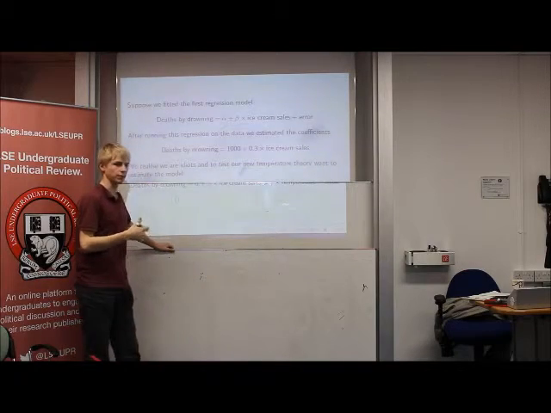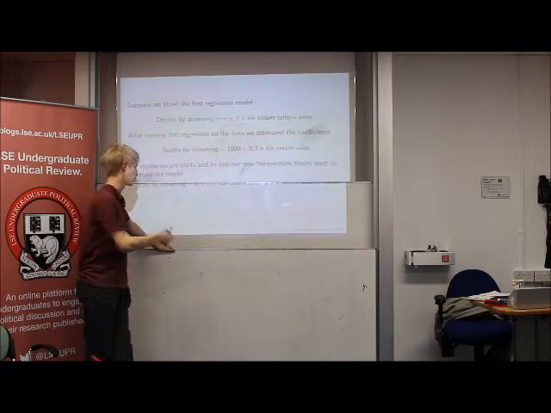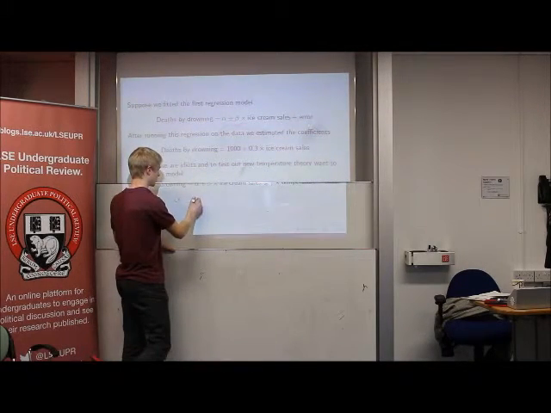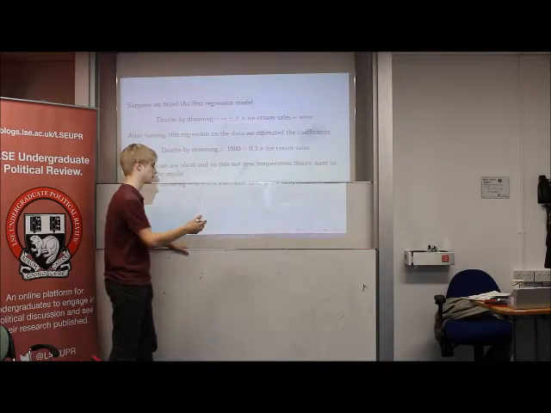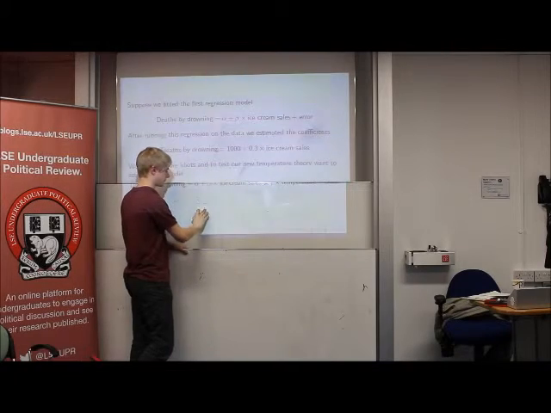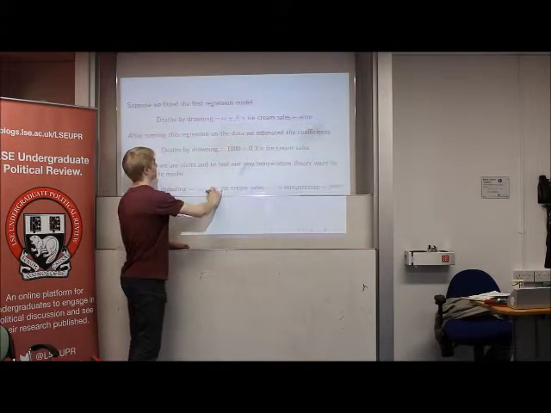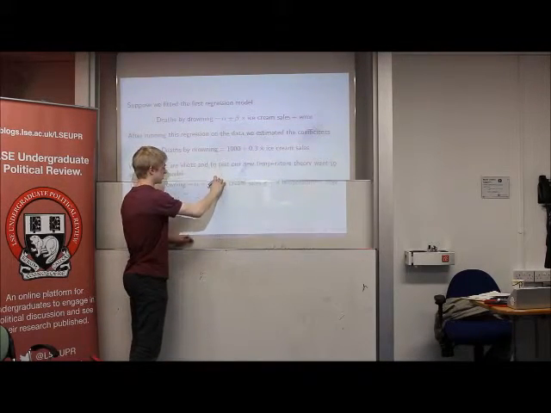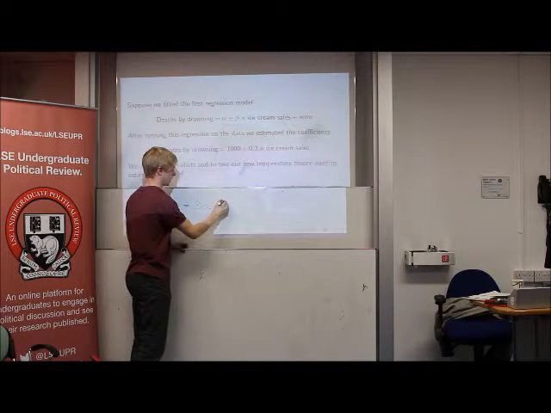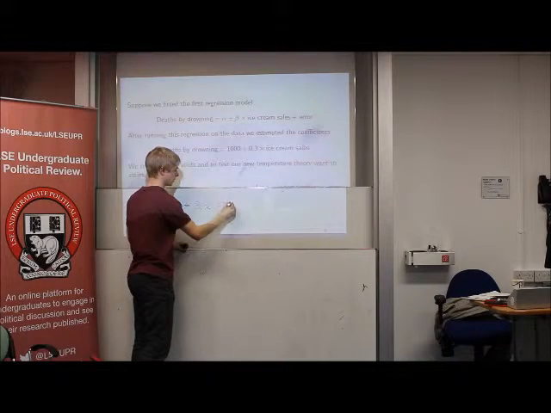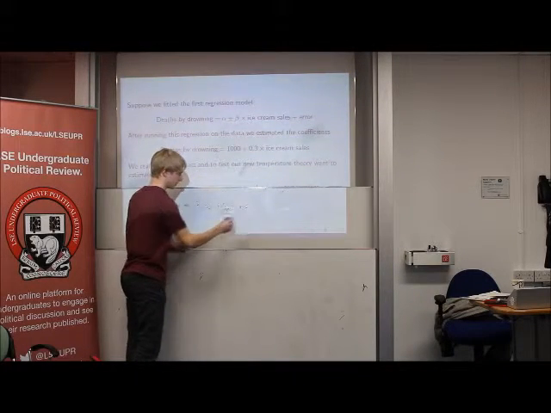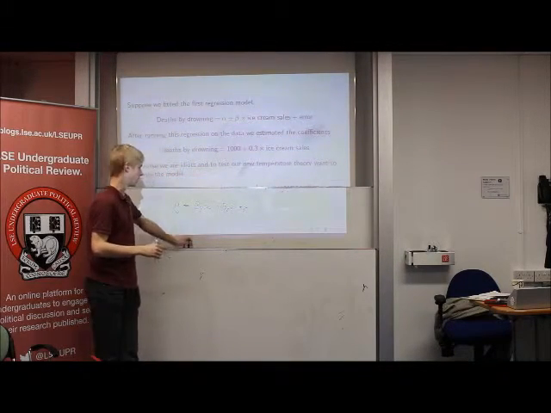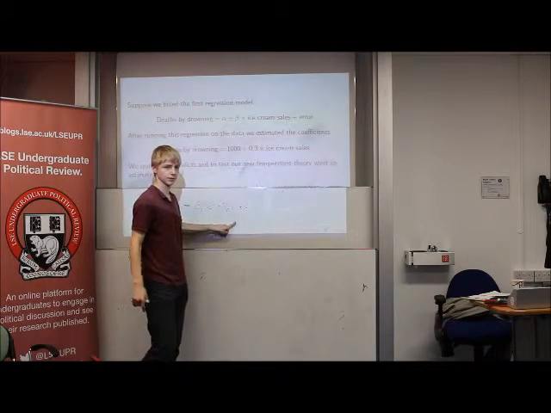Our dependent variable y equals, we'll just ignore the constant for a time, x, which in our case is ice cream sales, added to z plus some error. And z is our temperature.